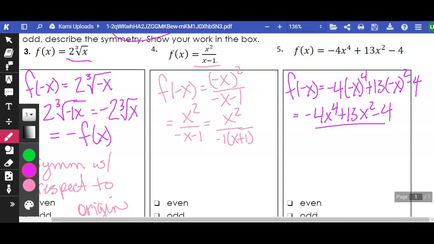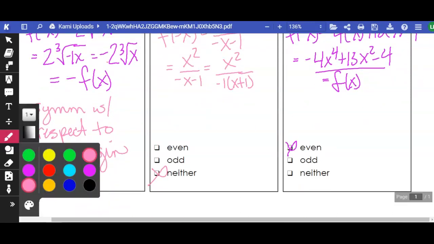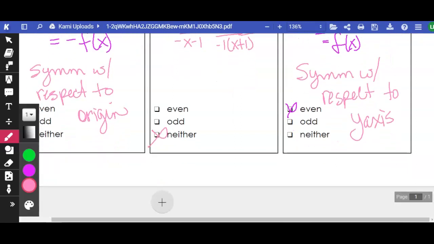So that is identical to this, so that means that equals f of x, and that makes that an even function. Right, so then I need to say that it is symmetric with respect to the y-axis. Okay, and there you go.